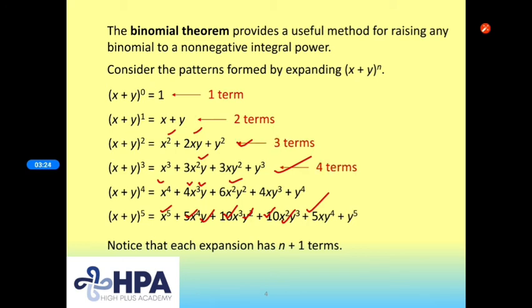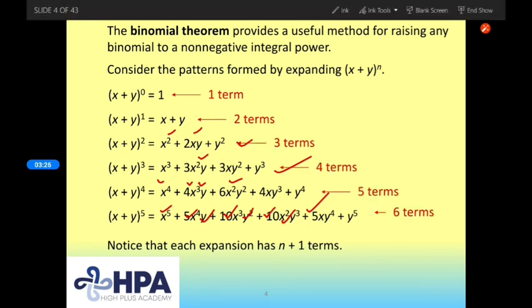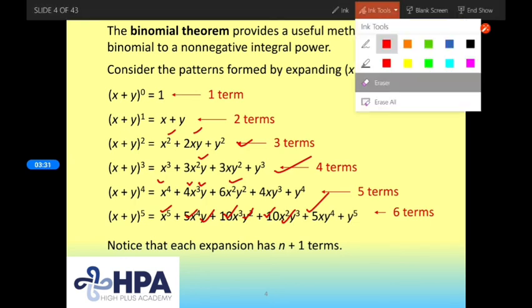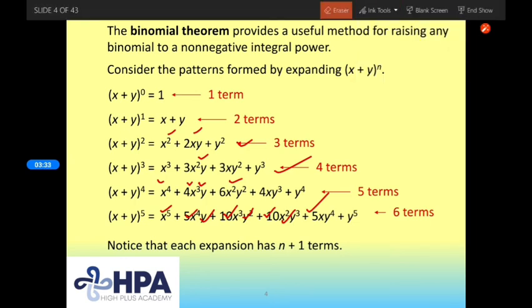Note that the number of terms is increasing by n plus 1.